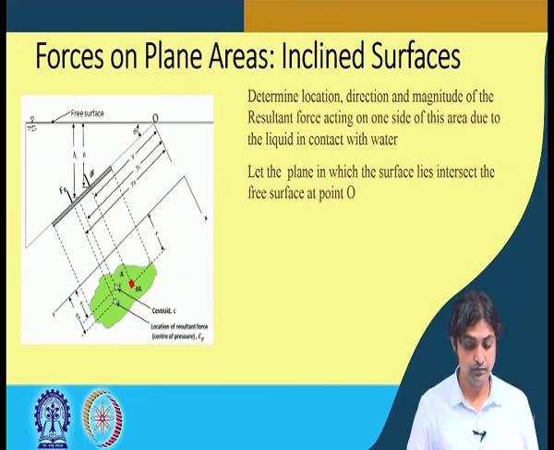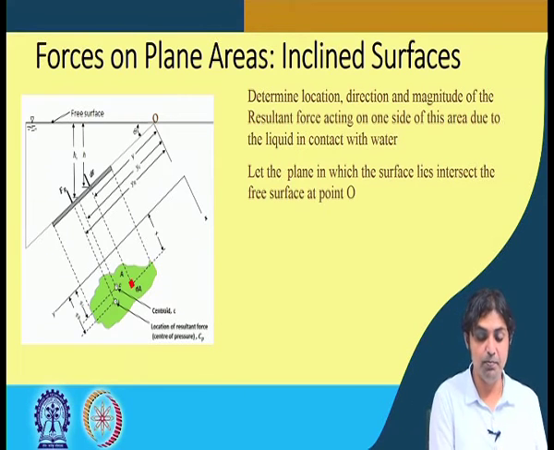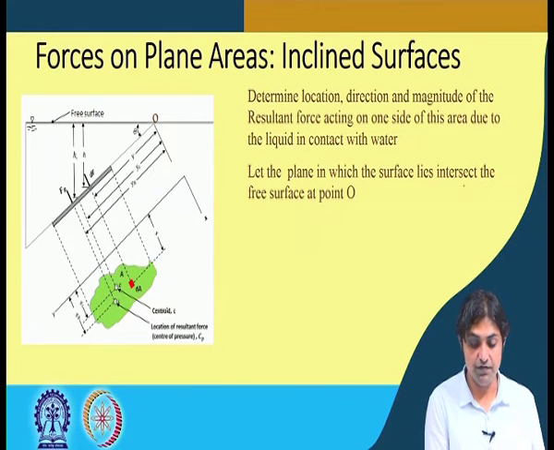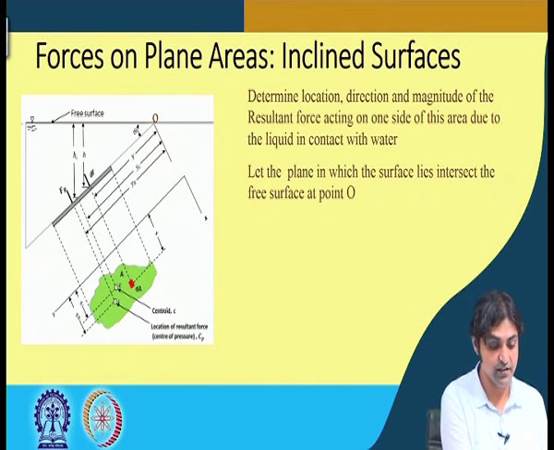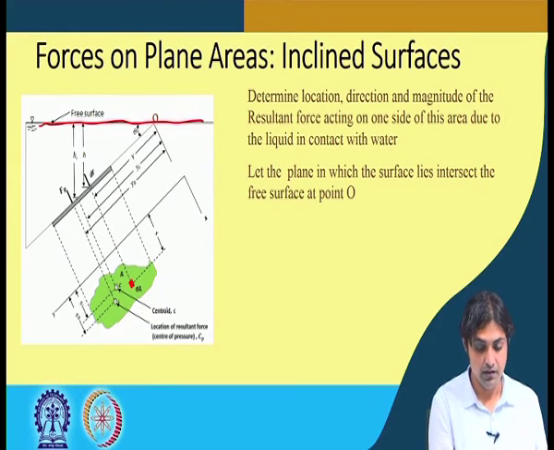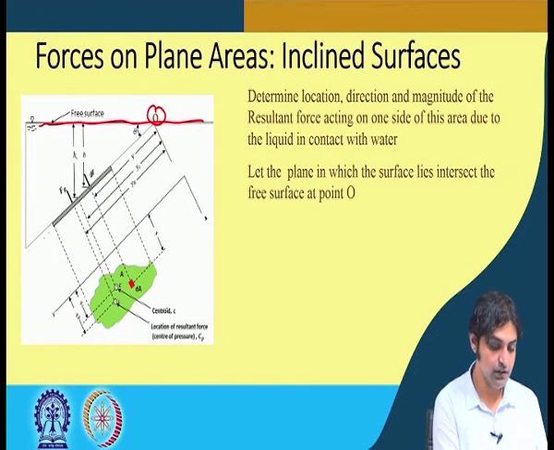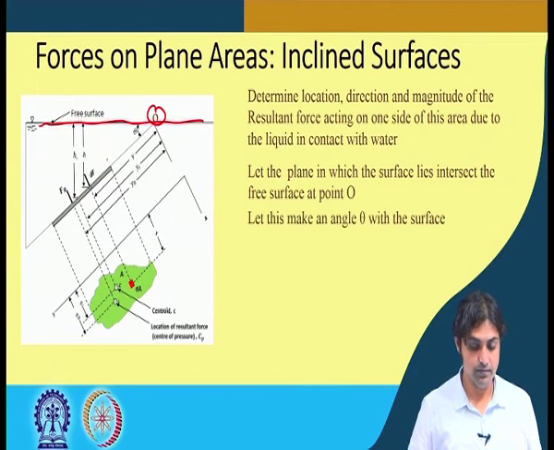All right. What we say, let the plane in which the surface lies intersect the free surface. So, this is the free surface here, and let the plane in which the surface lies, the body, intersect at point O. Good.